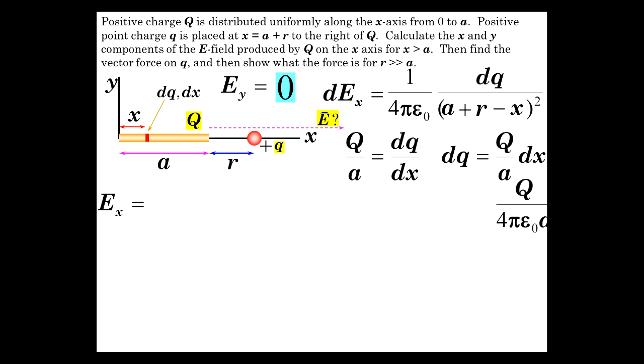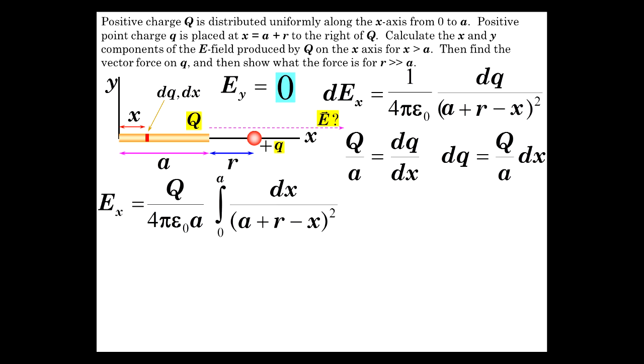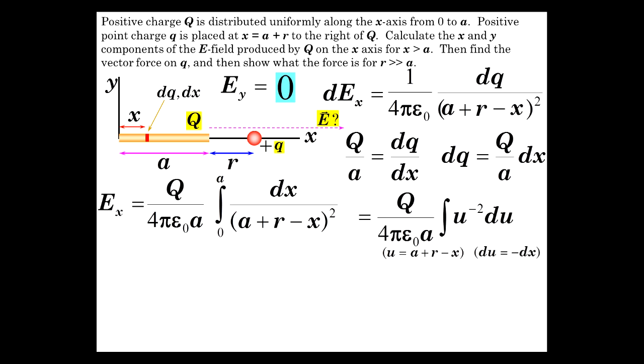Moving on then, E in the x is, bring out the constants. Now we have dq, which is all this, so there's a q, and there's the a, and 1 over 4 pi epsilon 0 for k, times the integral from 0 to a of dx over (a plus r minus x) squared. What we're going to do is convert this a plus r minus x to u, so u to the minus 2, where u is a plus r minus x, and du is minus dx.